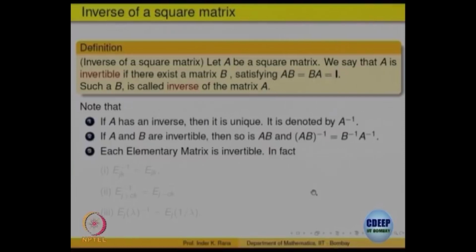Now, let us look at elementary matrices, these three elementary matrices. What were the elementary matrices? We took an identity matrix, and for example, we interchange the ith row with the jth row, and we got an elementary matrix. Is that new matrix invertible?